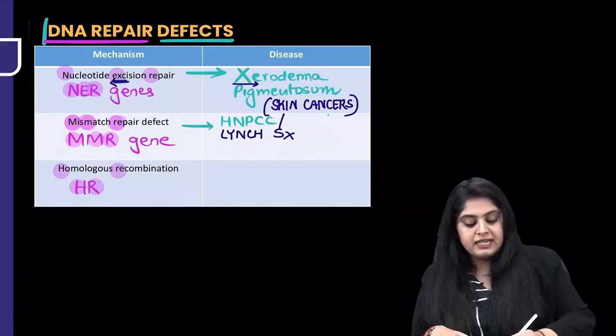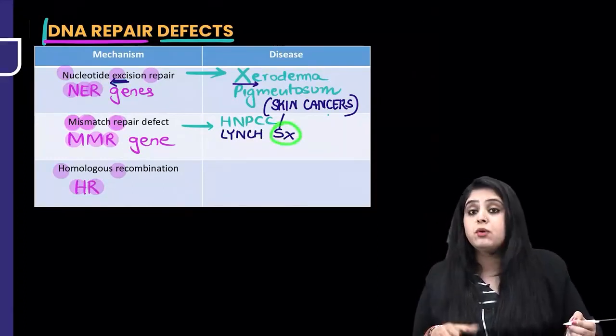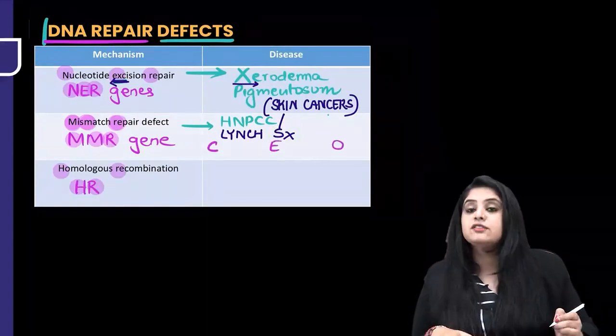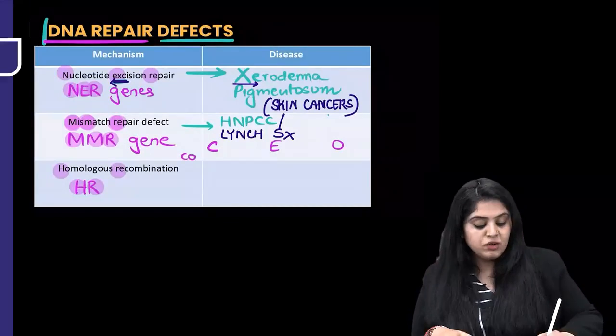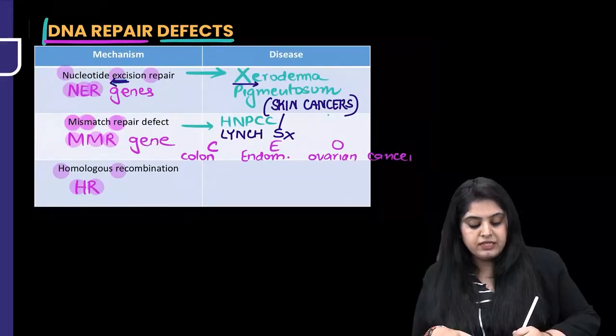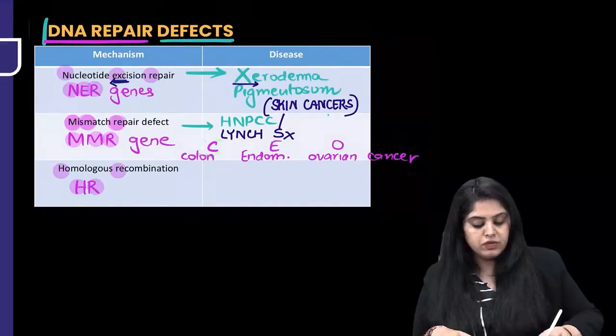So remember that syndrome, you'll say, ma'am, syndrome means lots of things. Syndrome, CEO has gone for lunch. CEO has gone for lunch means colon cancer, endometrial cancer, and ovarian cancer. What are the three cancers that are going to happen in Lynch syndrome? So CEO has gone for lunch.